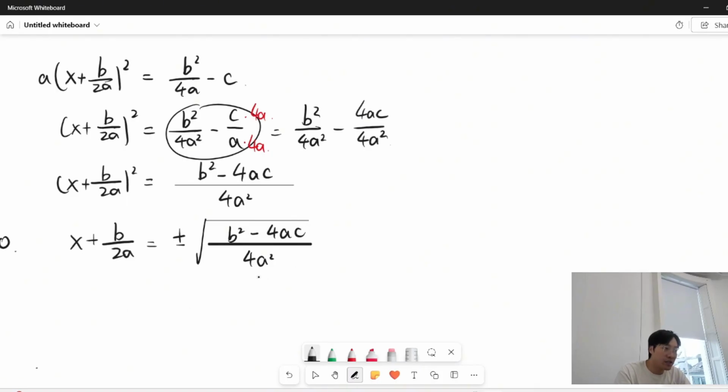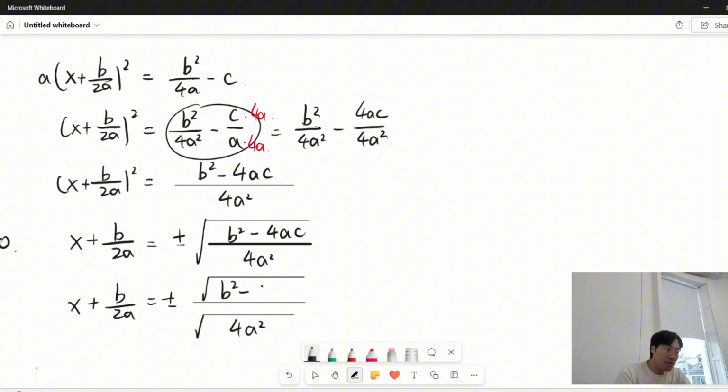And if we take a closer look at this, it would be plus or minus. Remember that square root can be distributed to the numerator and the denominator. Please note that square root of 4a squared is actually 2a.